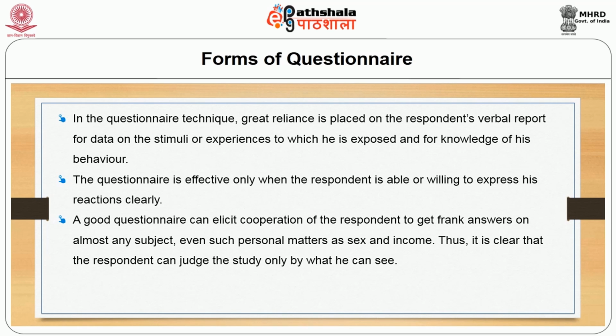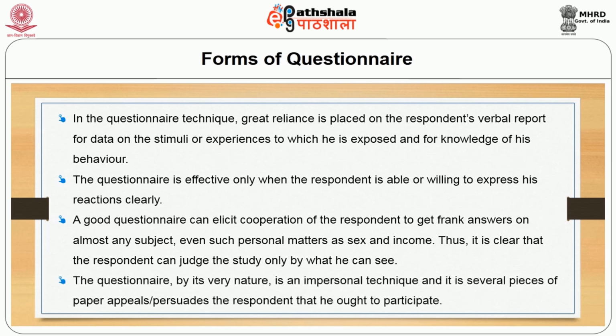Thus, it is clear that the respondent can judge the study only by what he can see. The questionnaire, by its very nature, is an impersonal technique, and it is several pieces of paper that appeals to and persuades the respondent that he ought to participate.